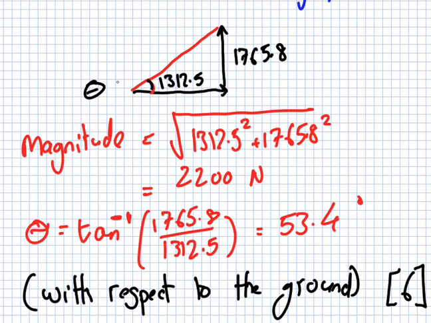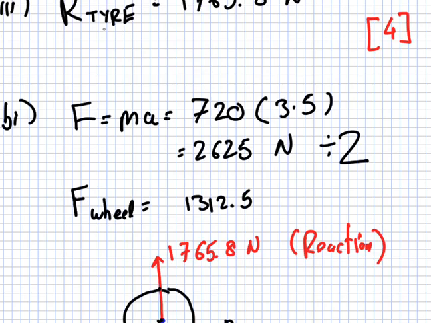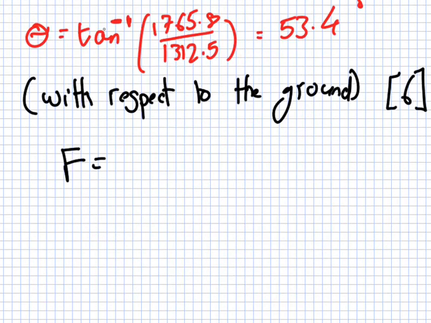Okay, can we do the C part now? So in part C, the car continues, but it reaches a maximum speed of 28. So what was the driving force of the car? It was 2625.